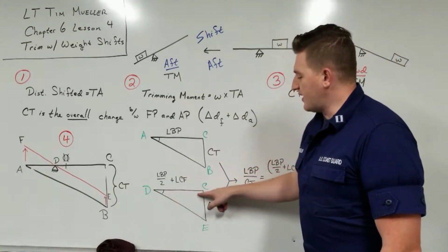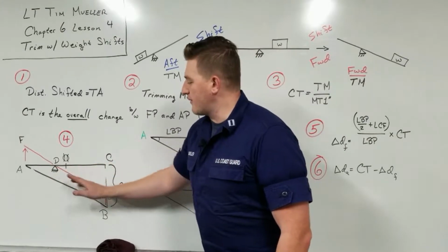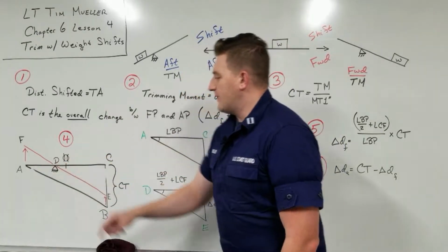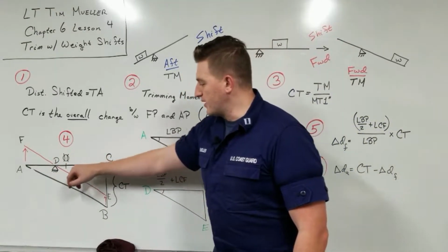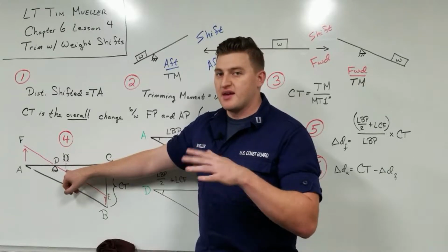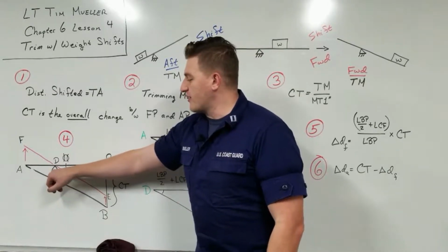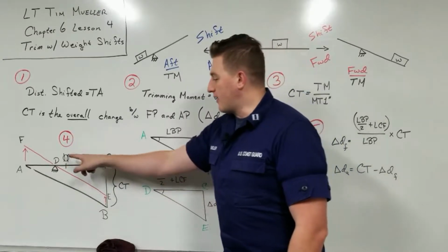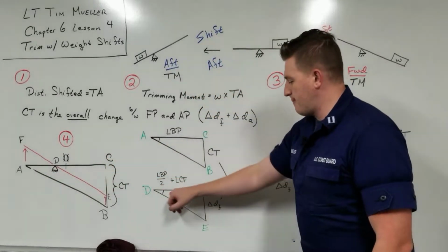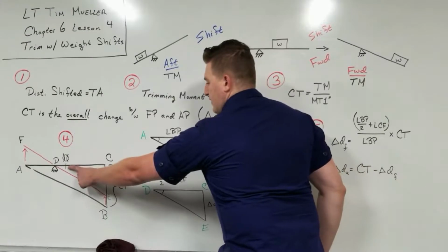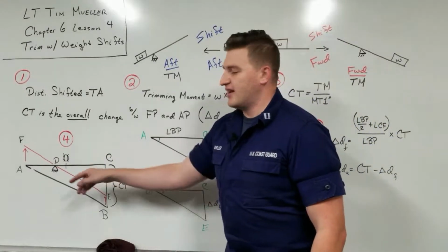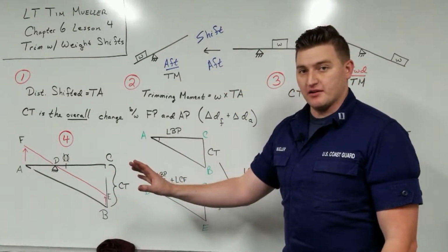If we have the ship coming up to the LCF, the length of this side from C to D has to be the distance from C to the middle perpendicular, which is just LBP divided by 2, half the overall length between perpendiculars, plus however far aft the LCF is from our middle perpendicular.